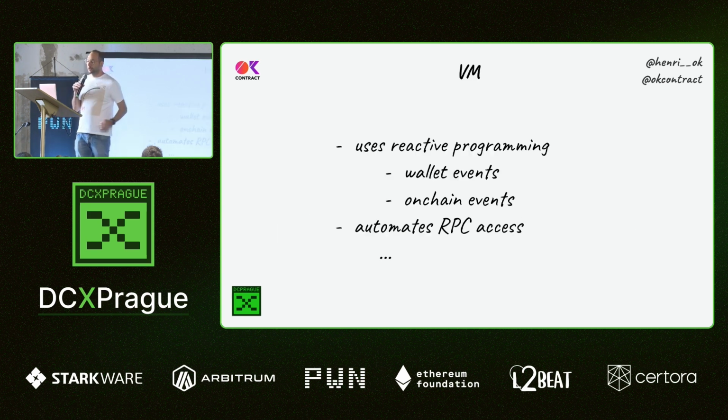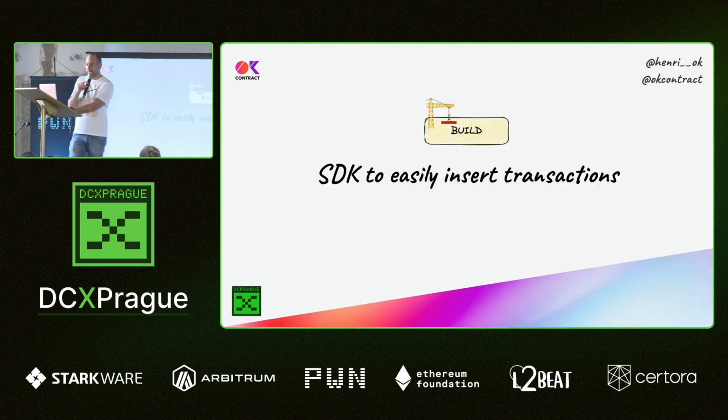And so basically the runtime, the engine, is a VM based on reactive programming, so that the whole definition, in fact, is a reactive program, and wallet events and on-chain events change the foundational data, and everything is recomputed automatically. And it automates two things, the RPC access, and as we'll see next, the centralized API access. So now we are working on the SDK that we should release in 2023. That's pretty soon.